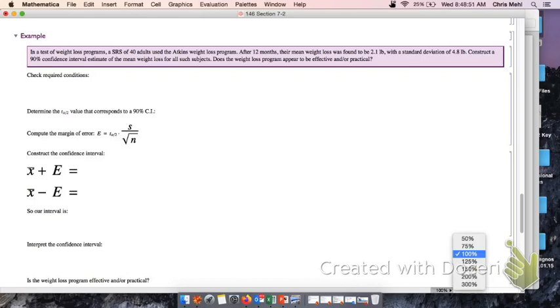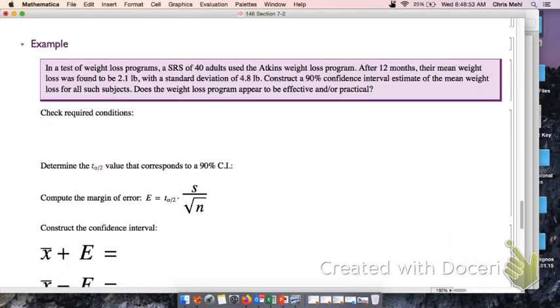Let me increase the size of this slightly. Okay, so in this example, in a test of weight loss programs, a simple random sample of size 40, so that's going to be the sample size n, and these 40 individuals use the Atkins weight loss program.